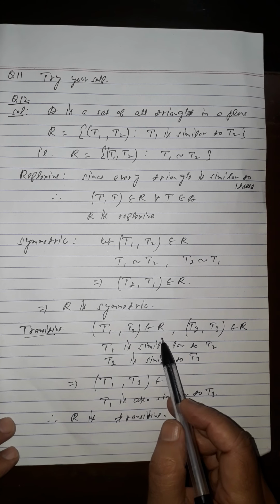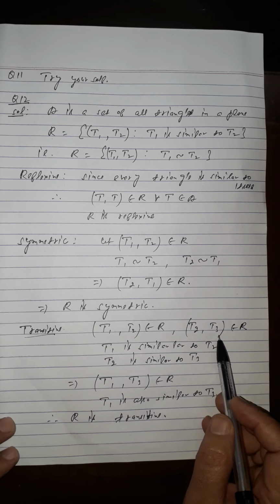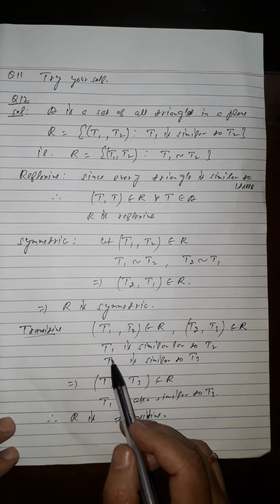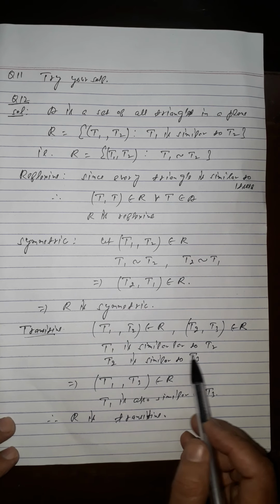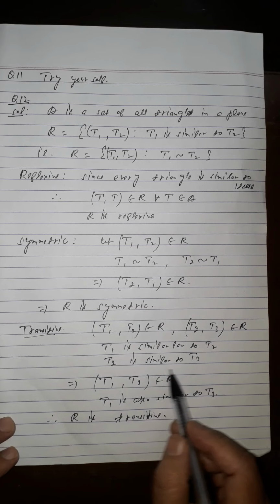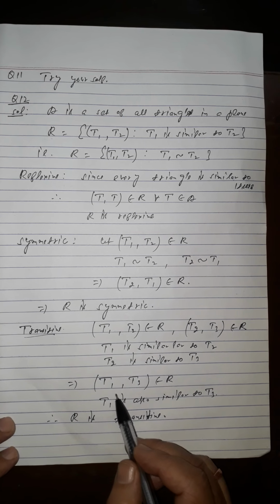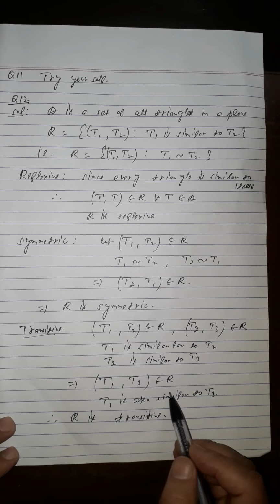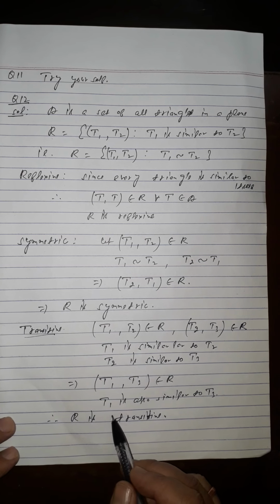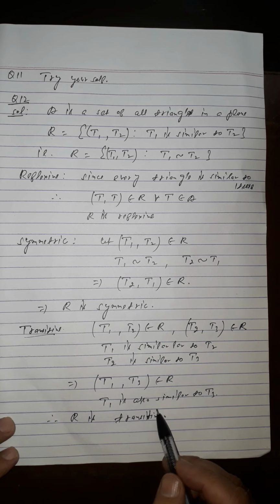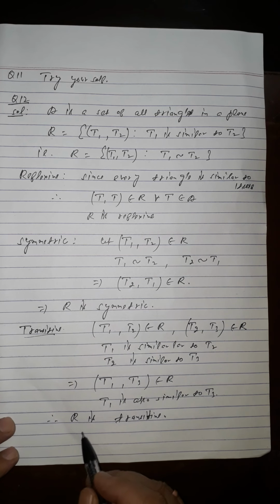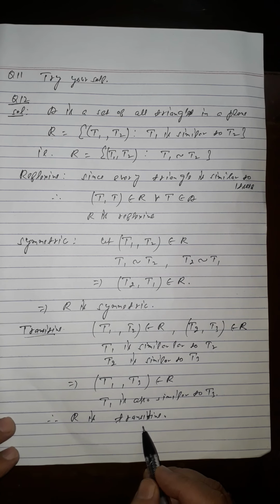(T1, T2) belongs to R and (T2, T3) belongs to R. Therefore T1 is similar to T2 and T2 is similar to T3. Therefore (T1, T3) belongs to R. Then students, we can say that T1 is also similar to T3 and R is transitive.